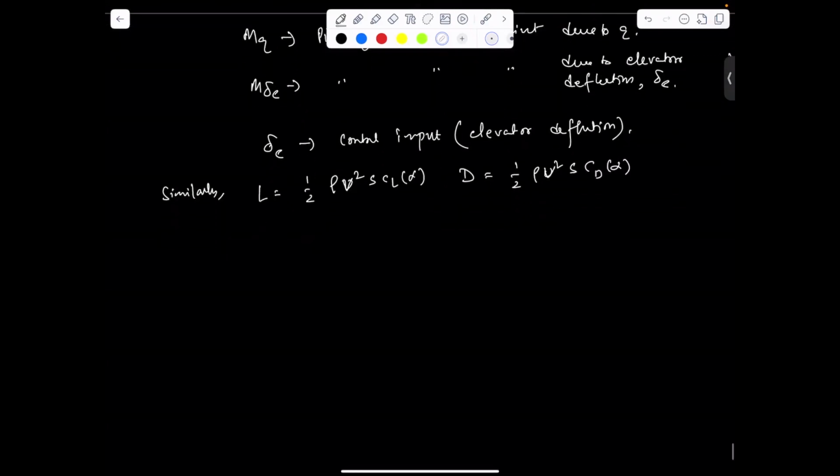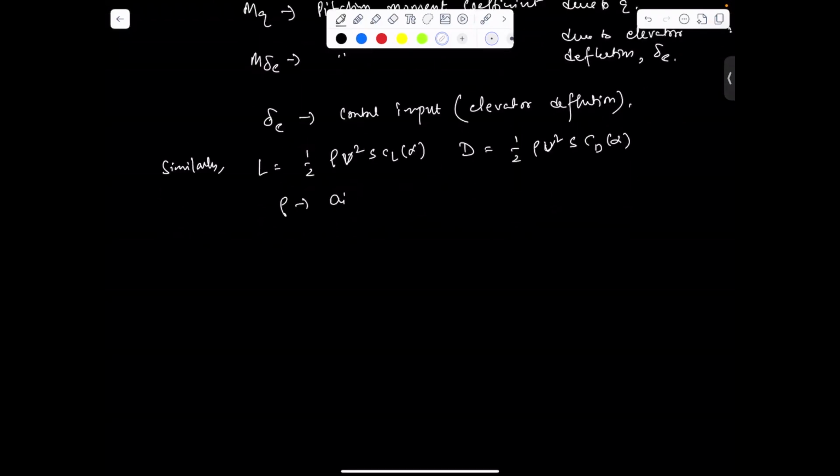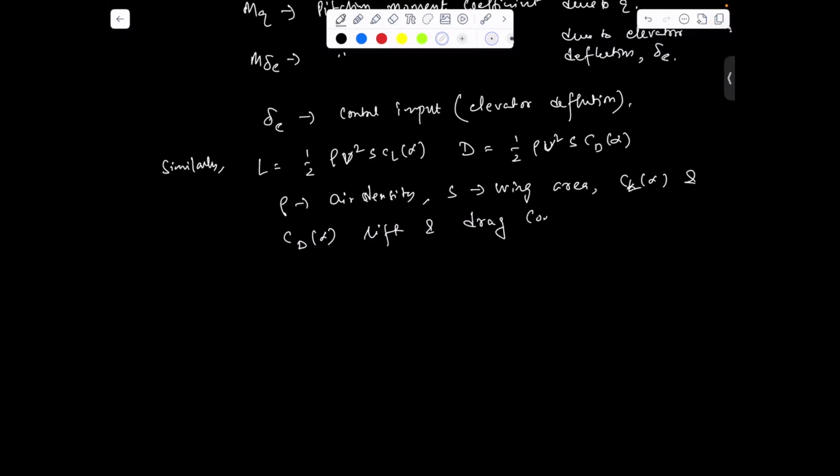Here rho is the air density, and S is the wing area, and CL alpha and CD alpha are the lift and drag coefficients.